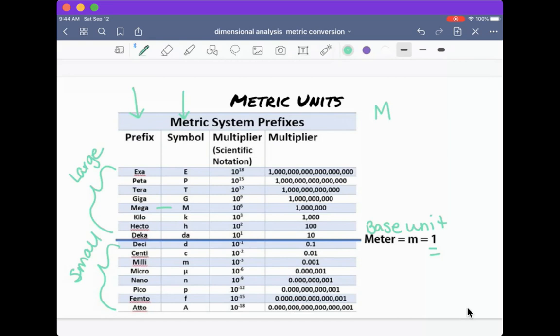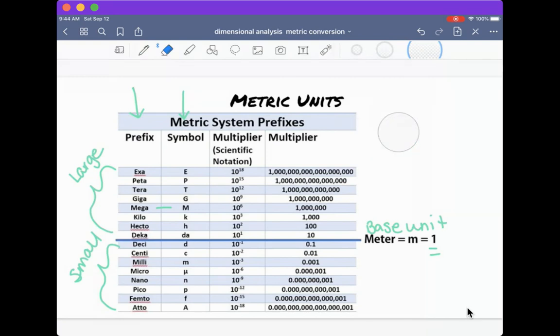And then I would add the base unit that we're dealing with. So if it was meters, it would look like that. So that tells me right there that I'm dealing with a megameter. If I was dealing with grams as in mass, and I wanted it to be a megagram, it would look like this.